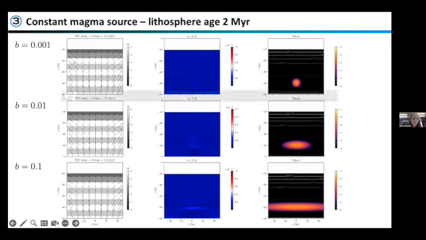On the left, I'm showing the particle-in-cell field or markers to look at the deformation. In the middle is the second invariant of the shear strain. And on the right, maps of porosity with the temperature contours.